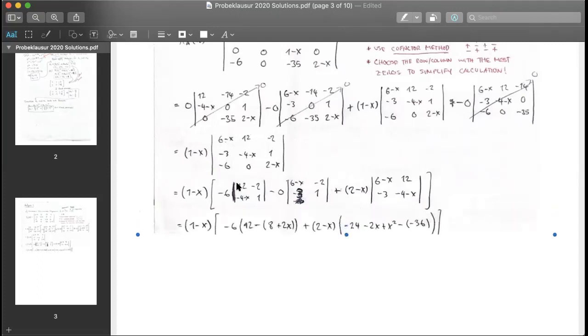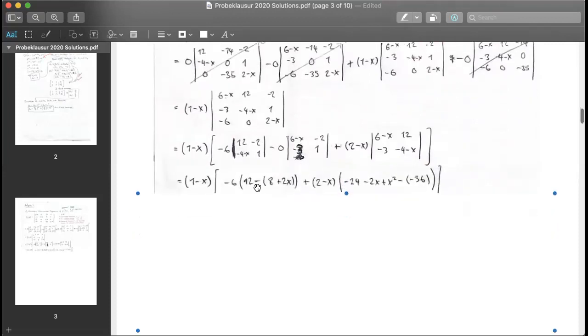Yeah, and then of course, when you have 2 by 2 matrices, it's going to be simple to find its determinant because it's just the product of this diagonal minus the product of that diagonal. All right. So of course, this thing goes to 0. So in effect, you only have this one plus this one. And that's what I do here, right?